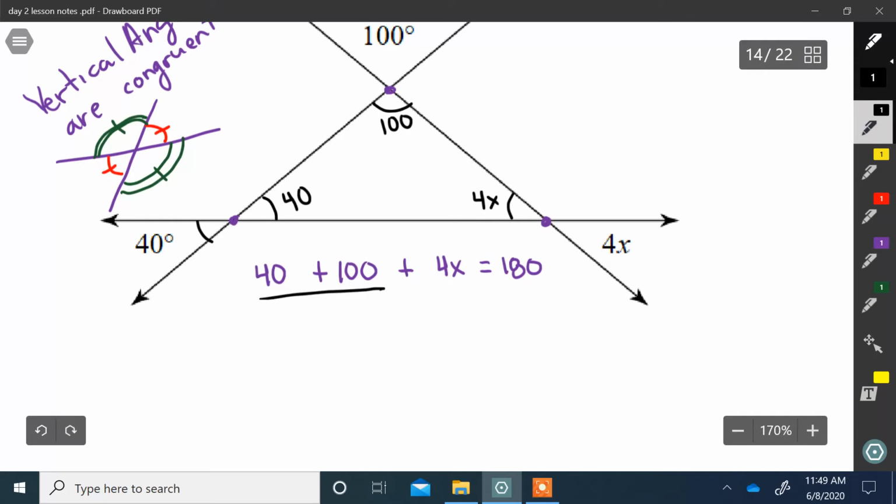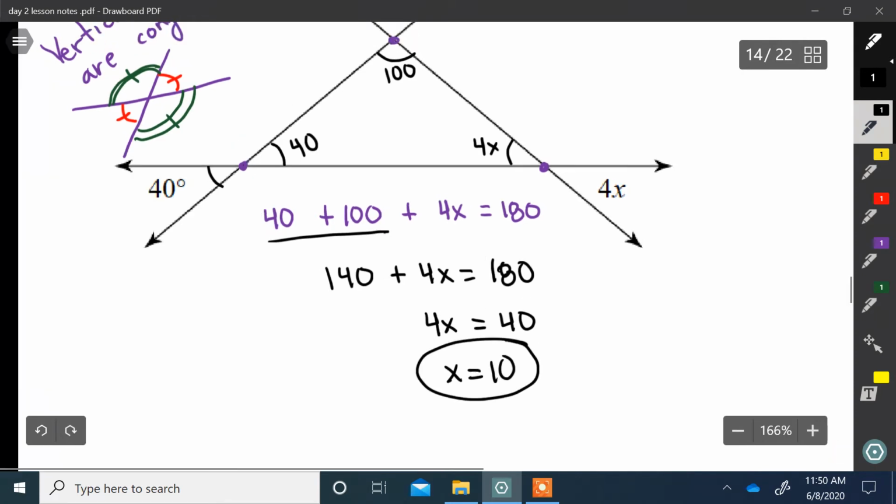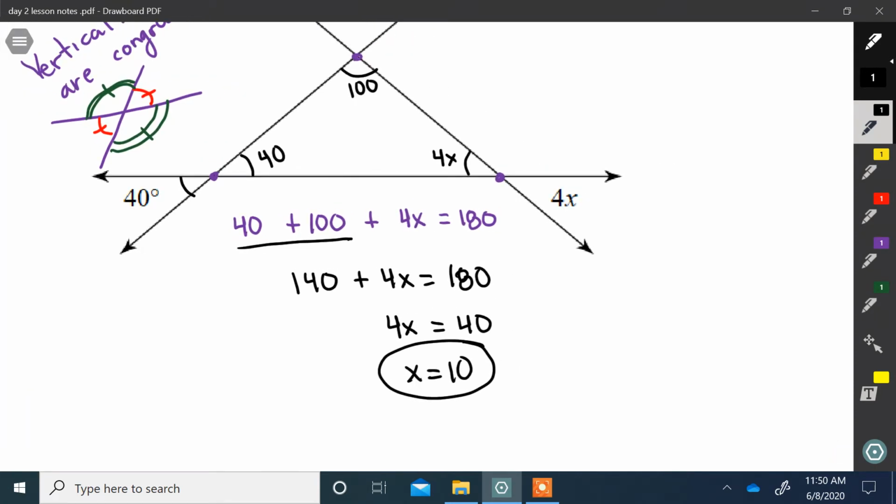We add those two together, we get 140 plus 4x is equal to 180. Subtract 140 from both sides, you actually get 4x is equal to 40, so x is 10. That's your final answer.